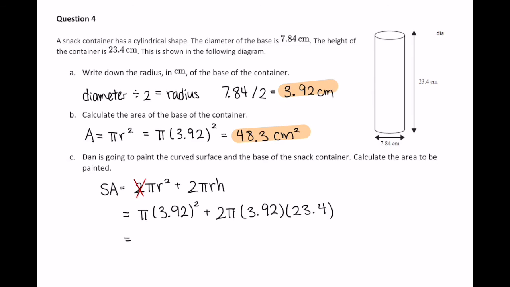And when we plug all that into the calculator, we get 624.6189912 centimeters squared if you want to write out every single digit from the calculator, or you can round it to 3 significant figures, which would get us 625 centimeters squared. So either of those two answers would be perfect.